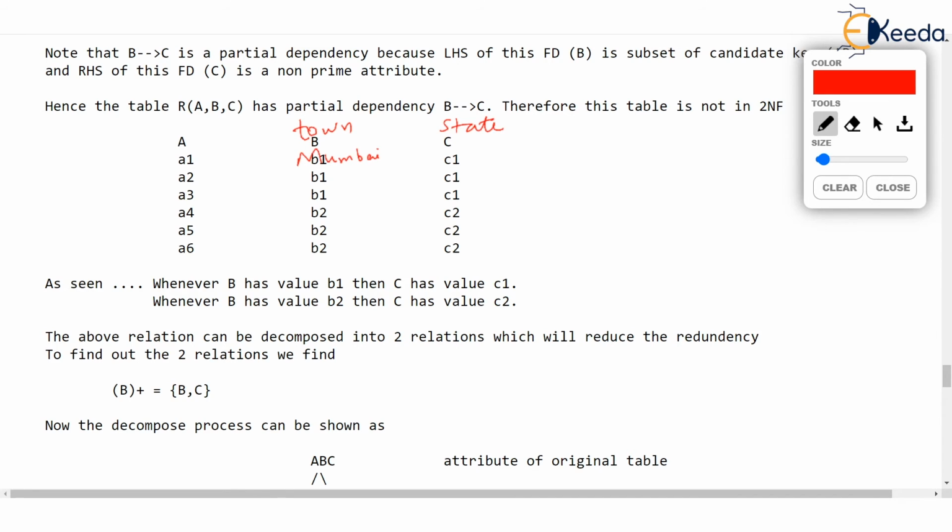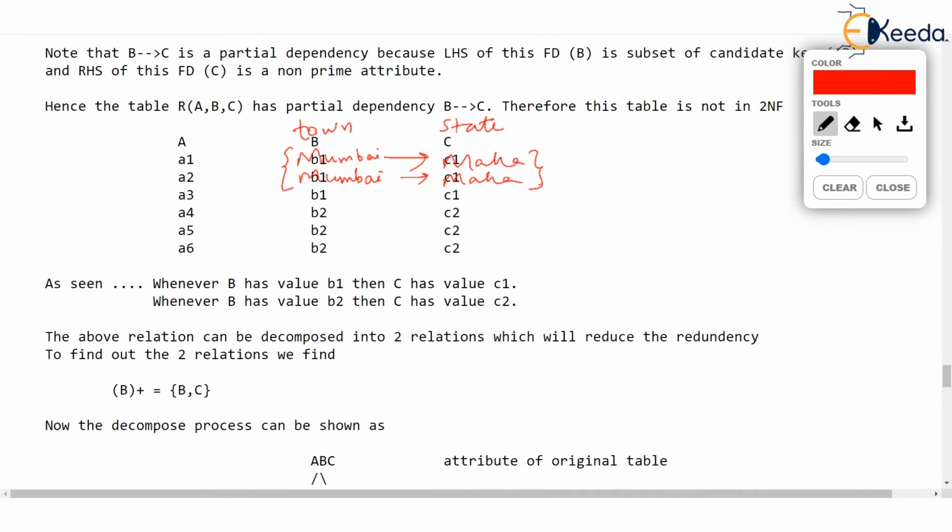Mumbai, then state Maharashtra. Now, if this second person is also from Mumbai, it is so ridiculous to store Maharashtra again and again. I hope you're understanding, isn't it? This is a lot of redundancy. And definitely, if two tuples have Mumbai, then those two tuples must have Maharashtra. Mumbai won't move out of Maharashtra, isn't it?